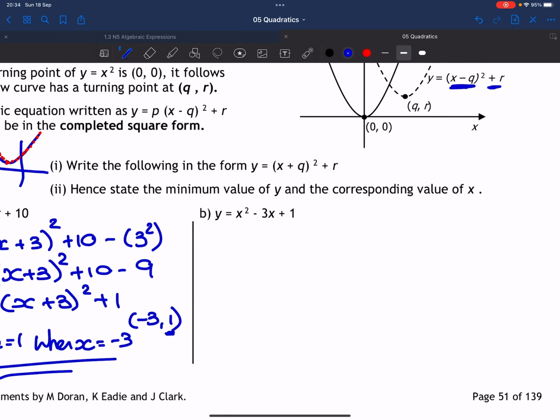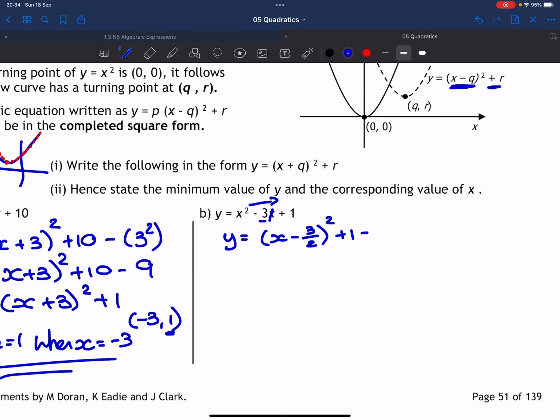Let's take a look at the second one. Same idea. I'm going to drop the x, half the middle term, take the square up, keep the 1 inside the bracket. So that'll be y is equal to open bracket, x minus, now this time it'll be 3 over 2, because I'm halving 3, and I'm just going to get 1.5, but I'll keep it as a fraction, all squared, plus 1.